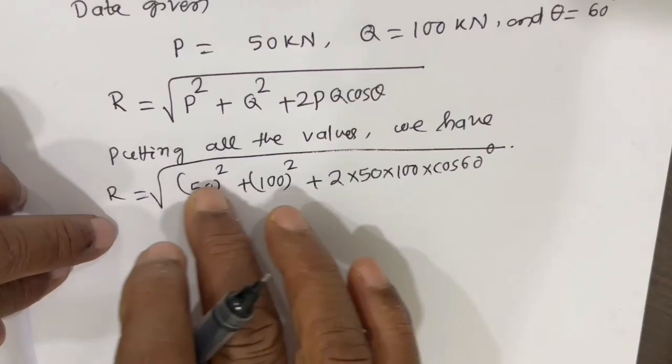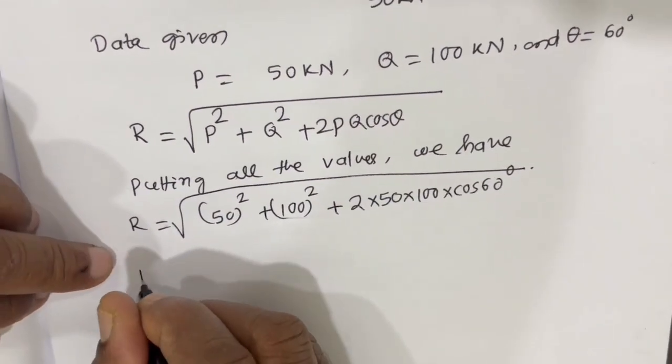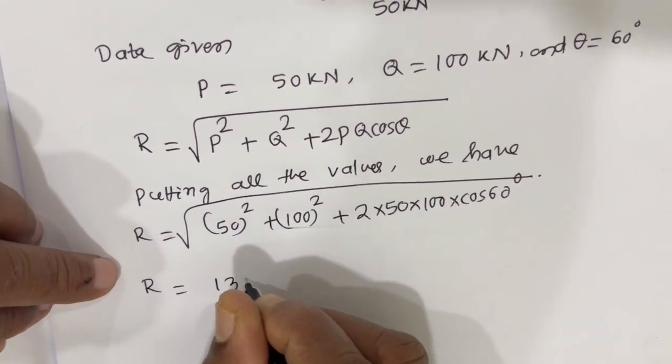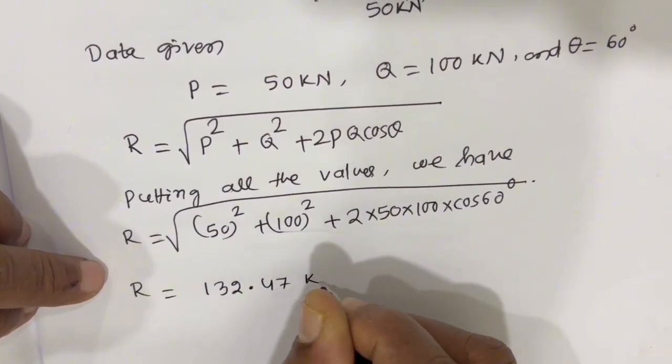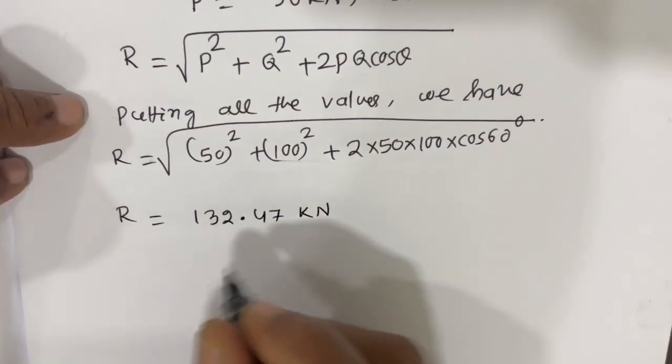After solving, we get R is equal to 132.47 kilonewton. This is the resultant force.